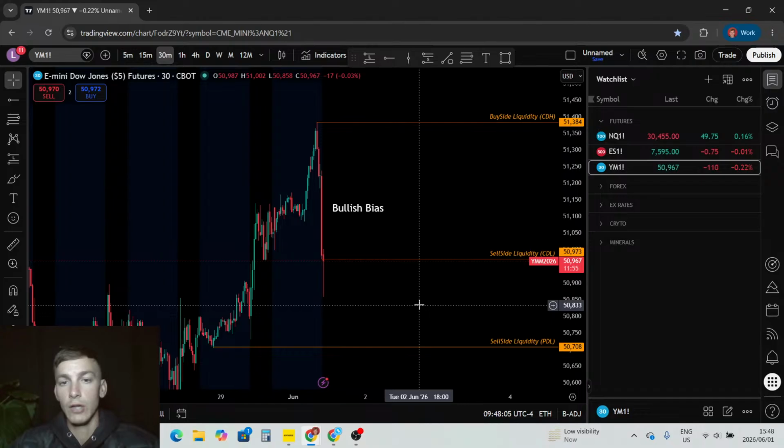Now, with lower time frames, you really do need to be a lot more accurate. Whereas with higher time frames, patience comes into play. I don't want to say it's easier, but it's a lot less likely that you will lose if you do your analysis on a higher time frame. It is, however, likely that you will need to wait a lot longer.